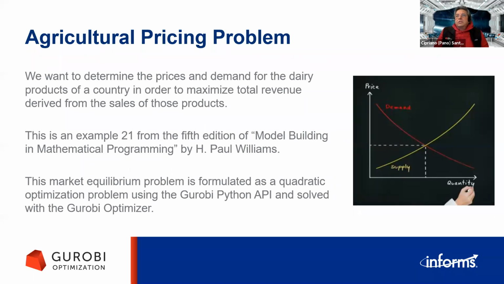In this problem, we want to determine the prices and demand for dairy products of a country in order to maximize total revenue derived from the sales of these products. Really, this problem is a market equilibrium problem, and we are going to formulate it as a quadratic optimization problem using the Gurobi Python API, and we are going to solve it with the Gurobi optimizer.